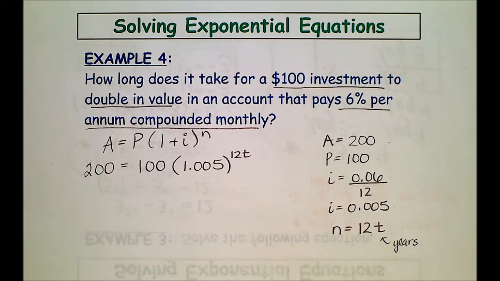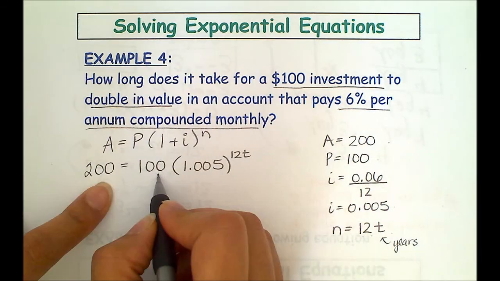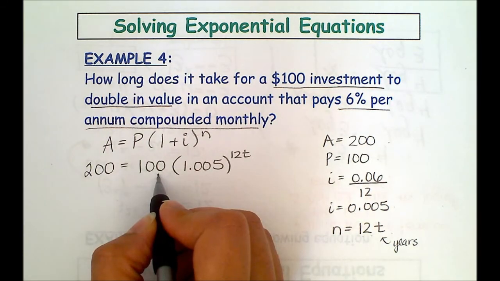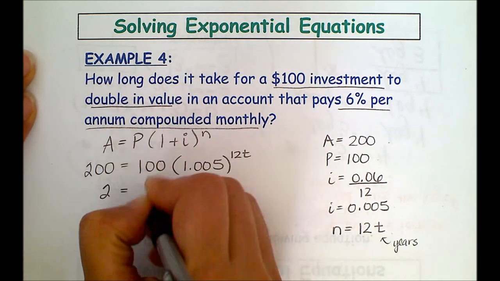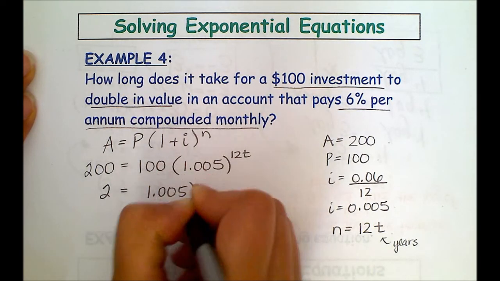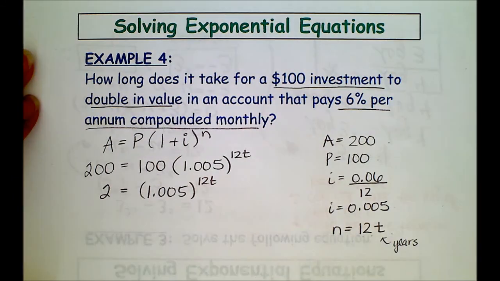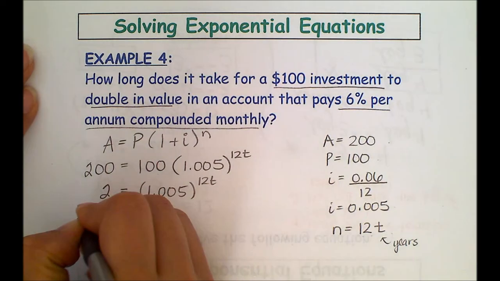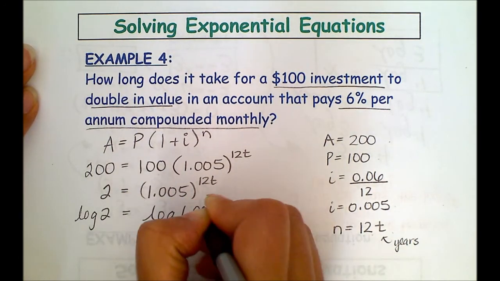And so my goal is to try to solve for t, so the first thing I need to do is eliminate any coefficients that there are in front of my exponential term, so I'll divide both sides by 100, and I get 2 equals 1.005 to the exponent 12t. And because I have an exponential term on one side and just a number on the other side, I can take the logarithm of both sides, and so I get log of 2 equals log of 1.005 to the exponent 12t.